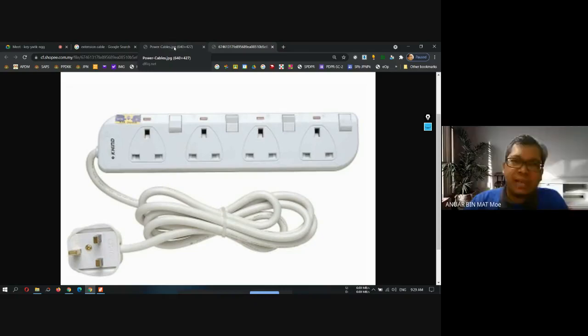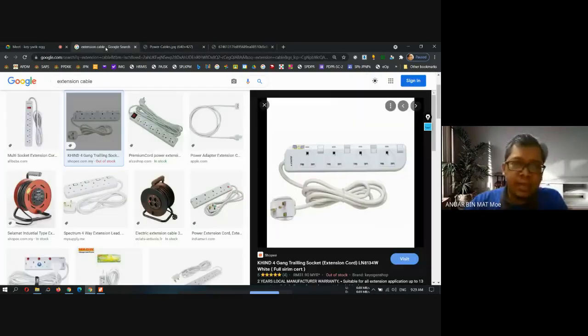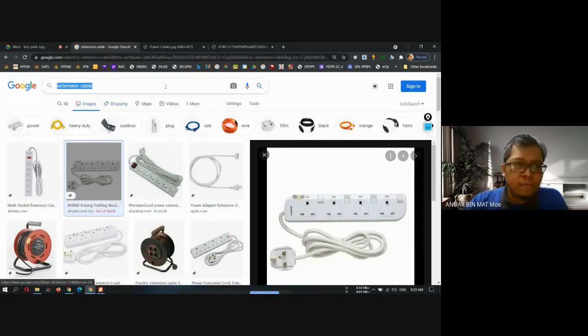Iron. Yes, very good. Maybe they mix it with iron. It is not pure copper, all right? That's why there are different prices of extension cable.